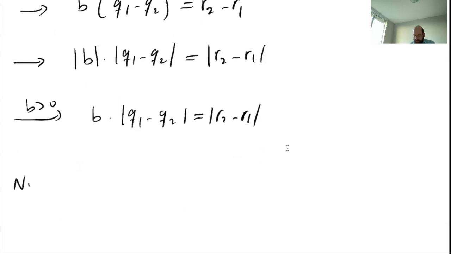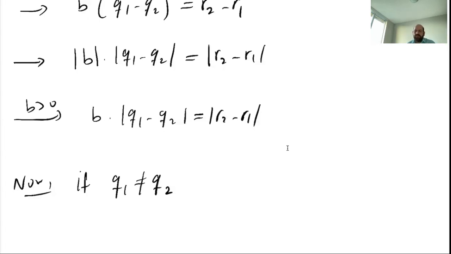Remember, I want to show that Q1 is equal to Q2 and R1 equals R2. Now, if Q1 is not equal to Q2, then on the left-hand side, Q1 and Q2 are, of course, integers. If you have two distinct integers, the difference will be a non-zero integer. The absolute value of a non-zero integer will be at least 1.